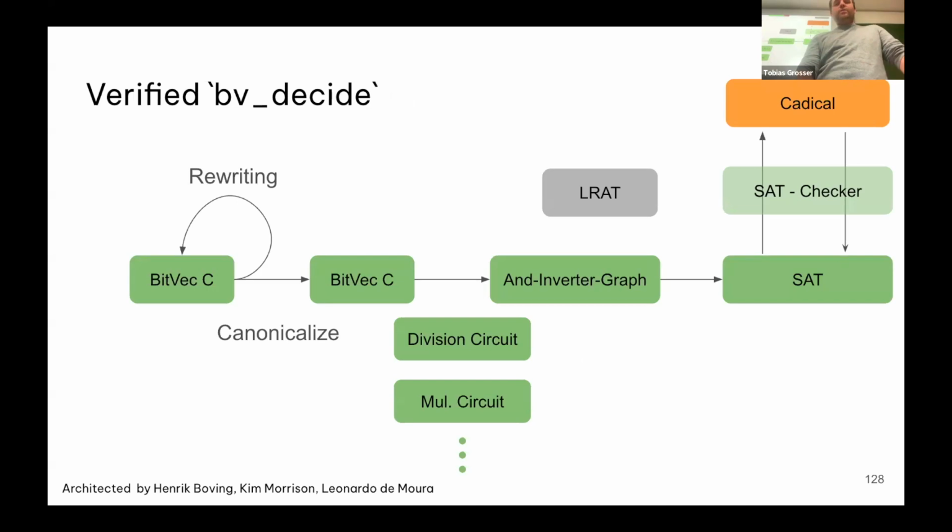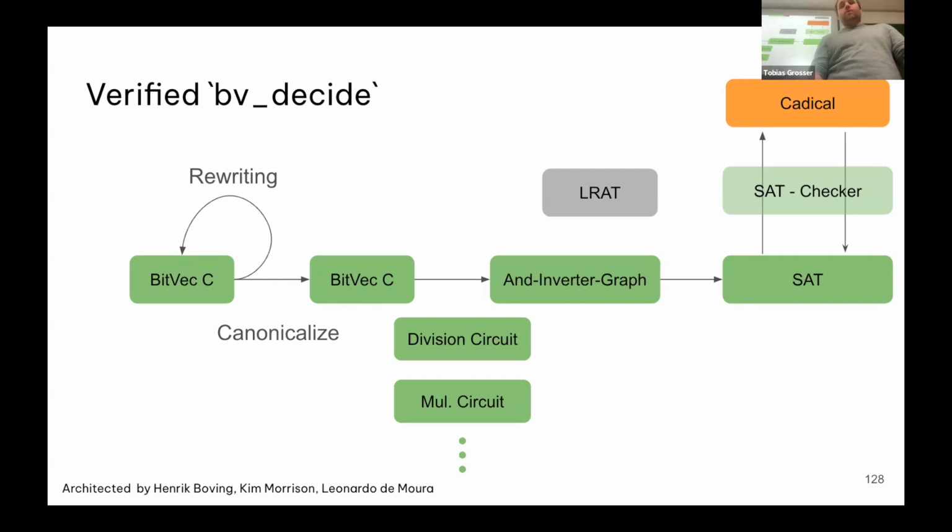So how that tool works, just to give you a little bit of an idea: we have the BitVector theory where we have symbolic rewrites, where you can simplify expressions. And then at some point, you turn a specific subset of the BitVector theory into what's called an AND inverter graph. So just simple logic gates, which again, you turn into a subproblem, and then you take one of the state-of-the-art SAT solvers, solve the problem, get a proof certificate that the solution is correct, and have a verified checker that this solution is correct.